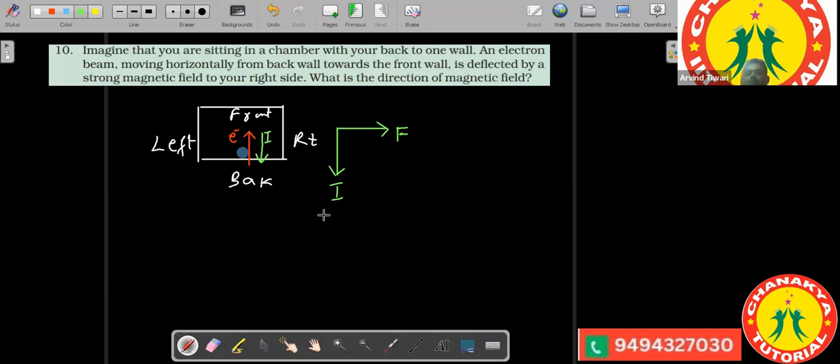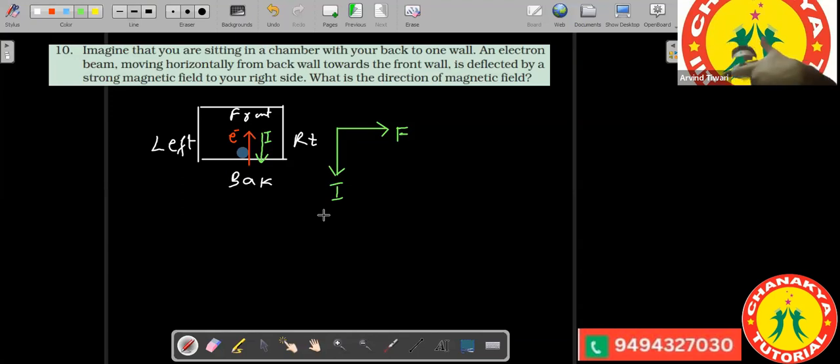Arrange your fingers of your left hand such that first your current is pointing in this direction, in the back direction. Or, since I have drawn it over here in front of me, if you draw this on your piece of paper in front of you, you will get it exact.